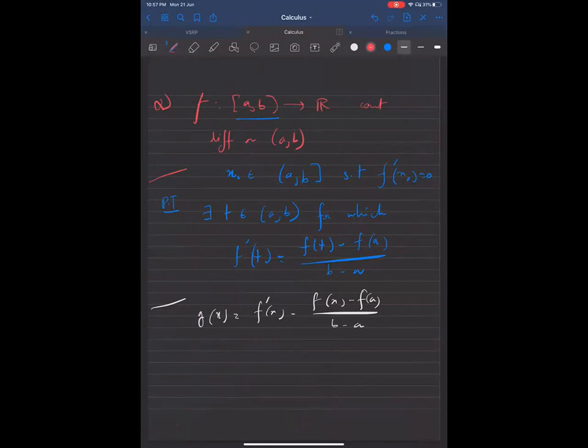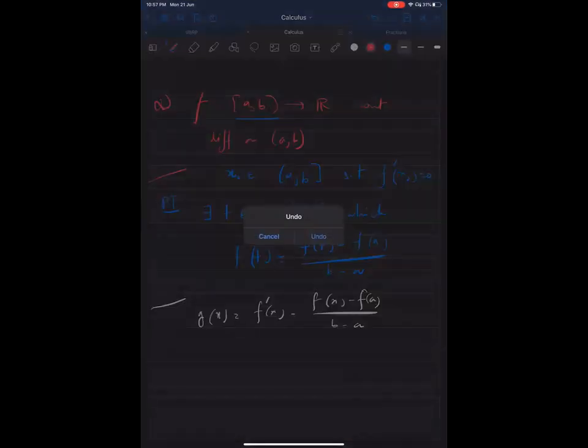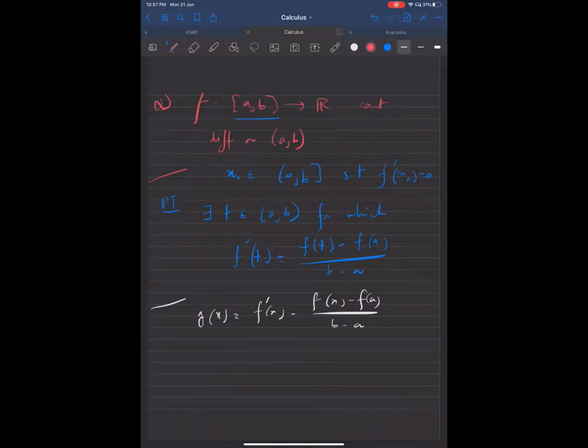This question: f(t) minus f(a). So this is the homework. Just figure this out. We want some point where this thing is zero, and we have this particular fact. Try to use it.